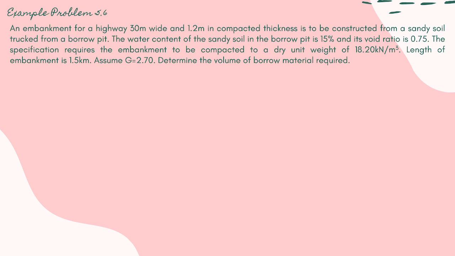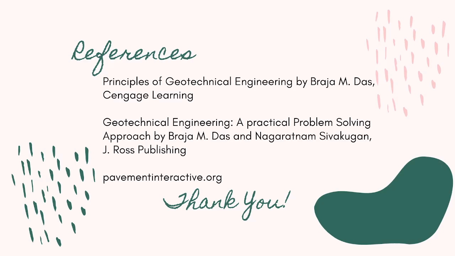For the last example problem, an embankment for a highway 30 meters wide and 1.2 meters in compacted thickness is to be constructed from a sandy soil trucked from a borrow pit. The water content of the sandy soil in the borrow pit is 15% and its void ratio is 0.75.